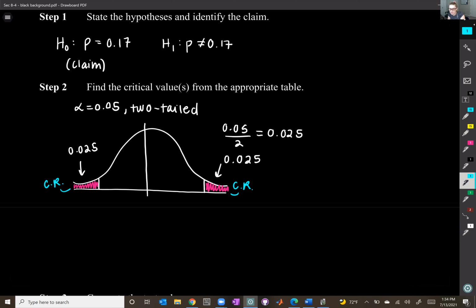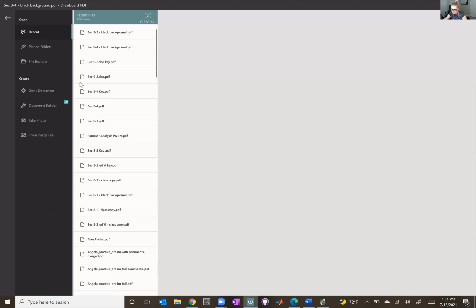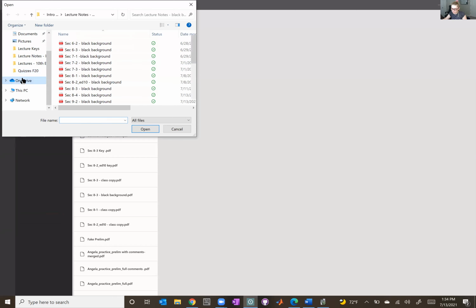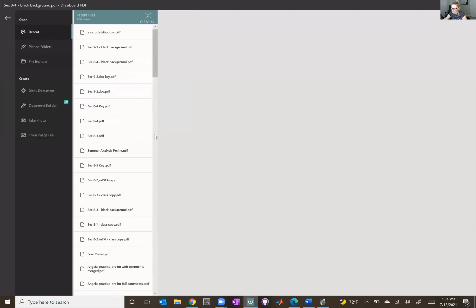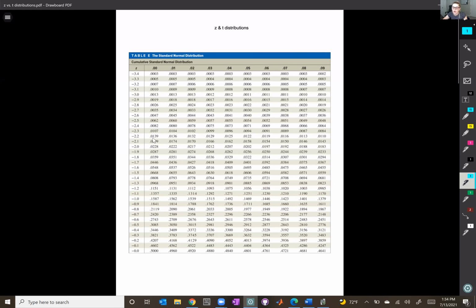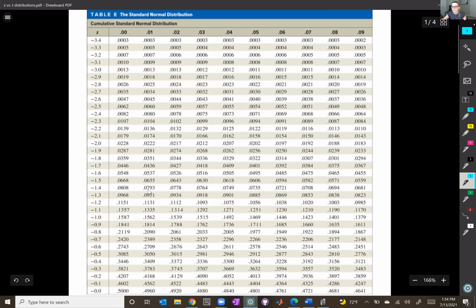Okay, let me open up my table because I don't have it. We want an area of 0.025 in both tails, so we need to look at our chart and find the area of 0.025.